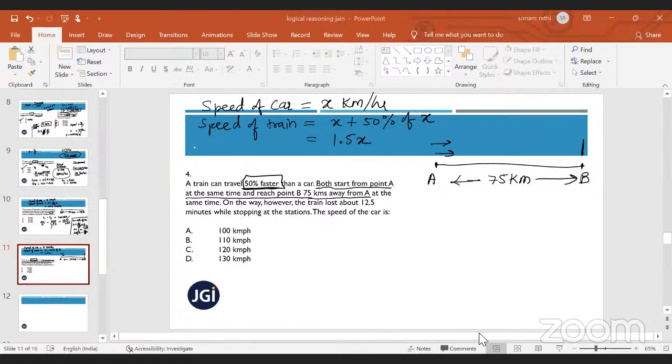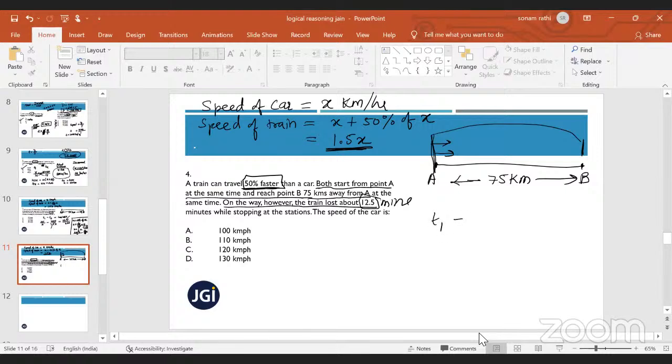Okay, so both starting from A and reaching B at the same time, but ideally train should reach first because train speed is more. The person with more speed will reach the destination first, right? But the question says that on the way, however, the train lost 12.5 minutes because of the stoppage. It means the gap should be of that 12.5 minutes, right?